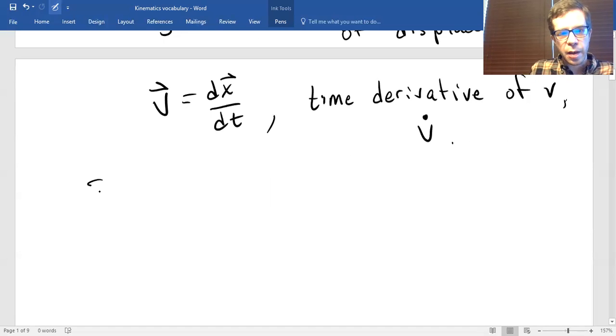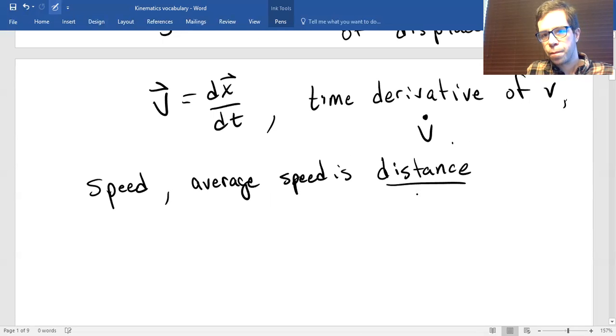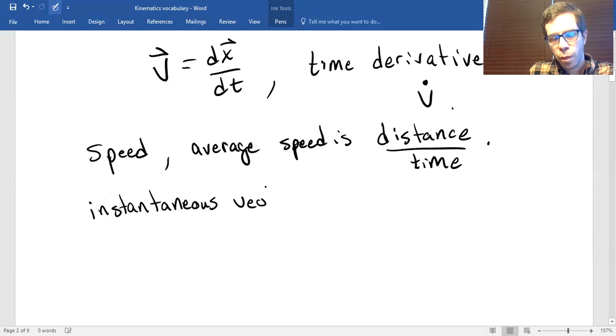All right, what about speed? Well, your average speed is distance over time. Right, so that means that if we look at the instantaneous velocity, then the magnitude of the instantaneous velocity is the same as the instantaneous speed.